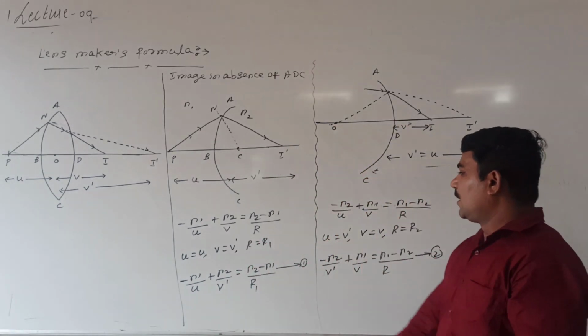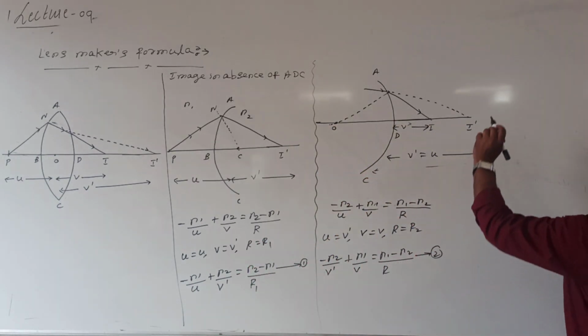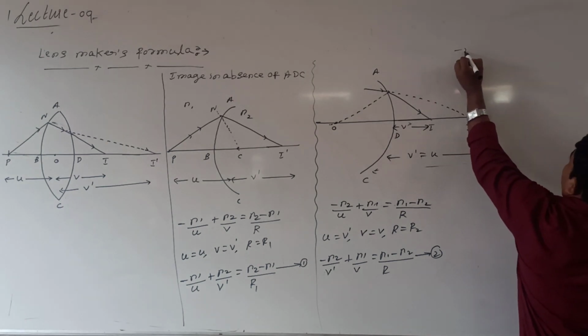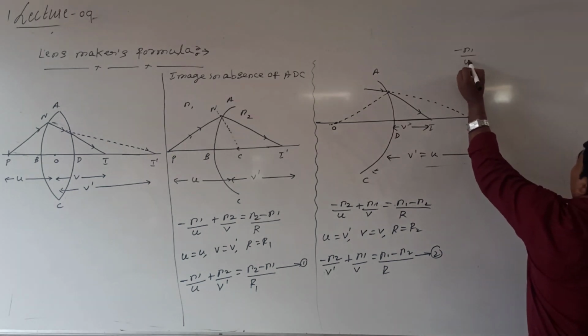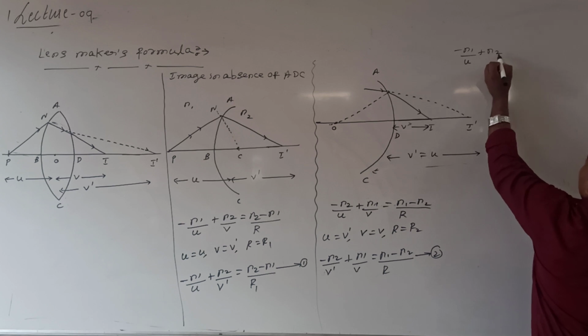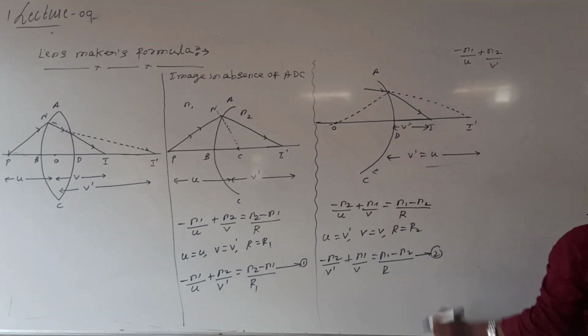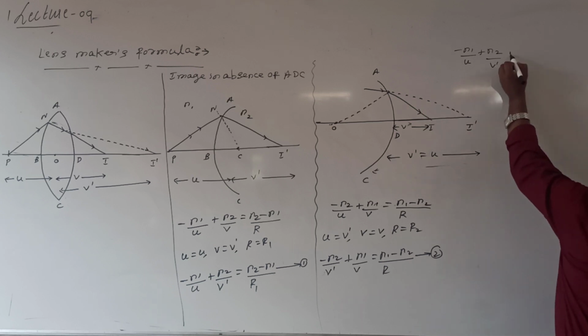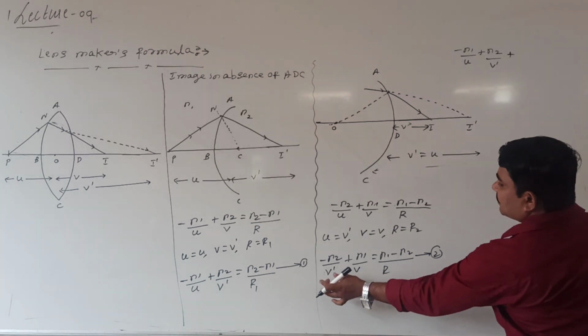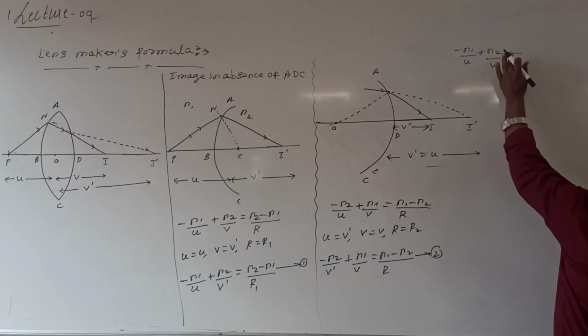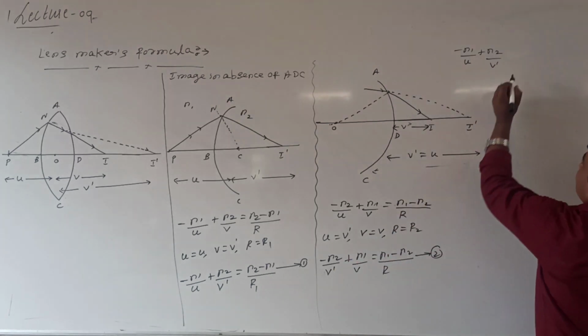Look at it here. The LHS of equation 1, what will we take? Minus N1 divided by U plus N2 divided by V dash, plus the RHS of this one, plus into minus, this becomes minus directly, because it is plus here and minus there.